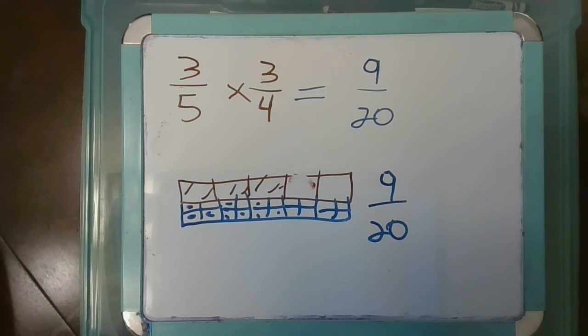That's my 20ths. Okay, so even though we did this quick shortcut method, the answer should still be represented in your length or area models. So if you're ever getting stuck on something and you don't want to do just this very quick method, go back and draw it. Or use the drawing as a check method just to make sure everything came out correct.